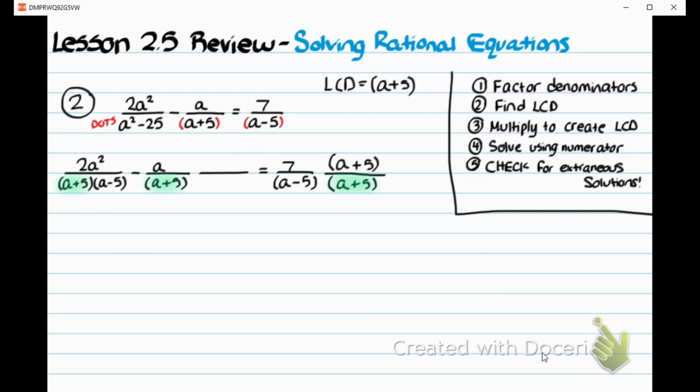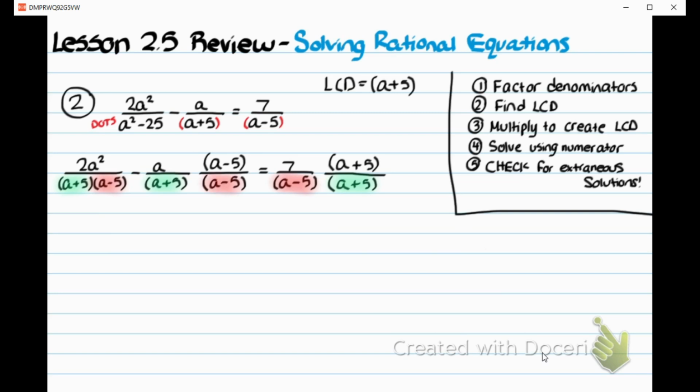Now, the first fraction also has an a minus 5. The third fraction has an a minus 5, but the second fraction is missing it. So we're multiplying in a minus 5 in the numerator and the denominator. So now they are matching.